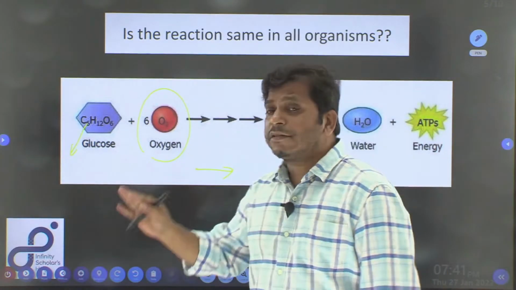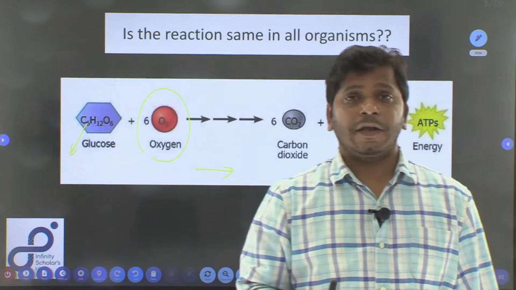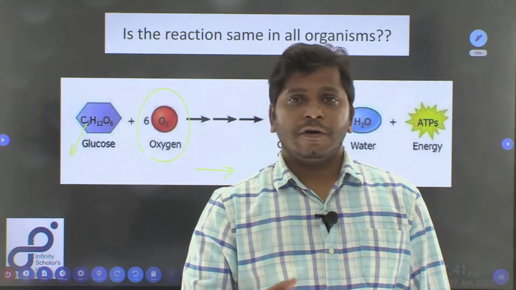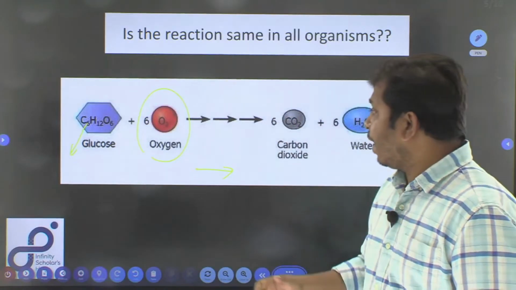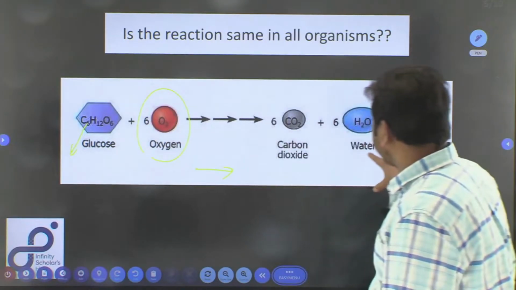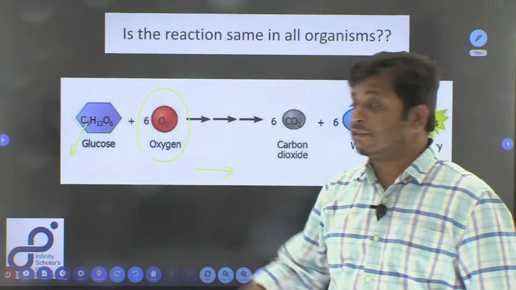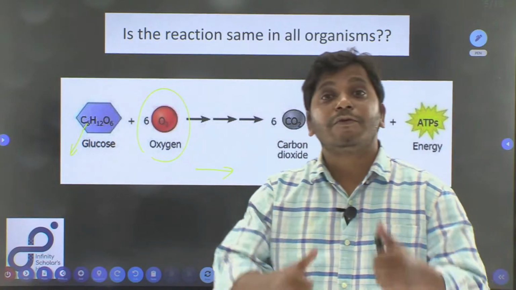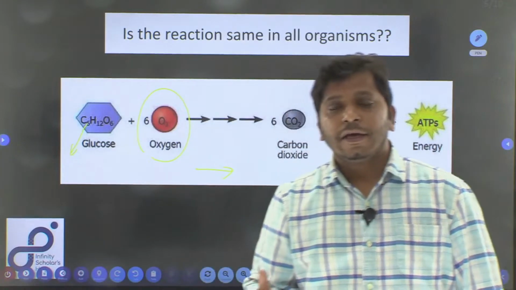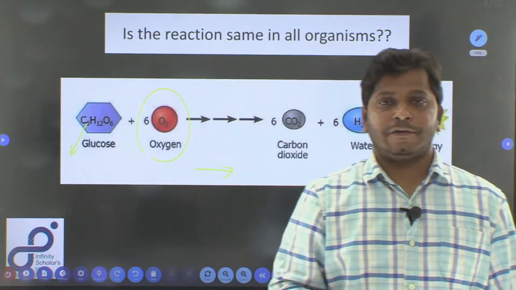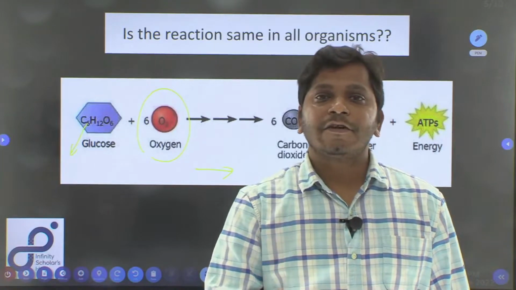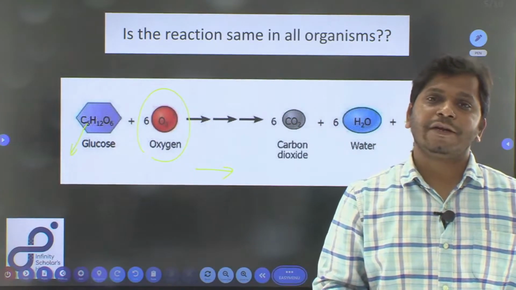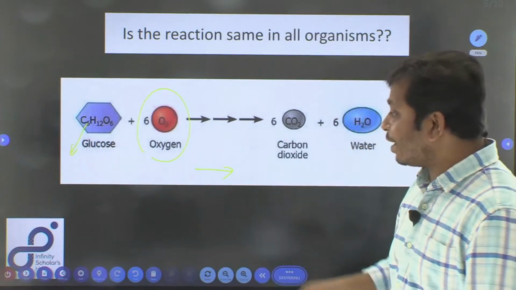Whereas in some processes complete degradation of glucose doesn't take place, and therefore the amount of energy released is much higher where complete degradation takes place. In anaerobic respiration, as complete degradation of glucose does not take place, the amount of energy released is much lower. Let us look at that.